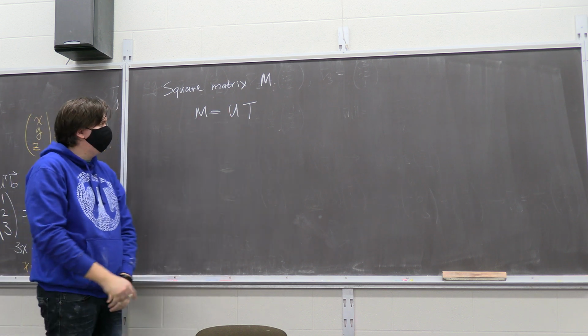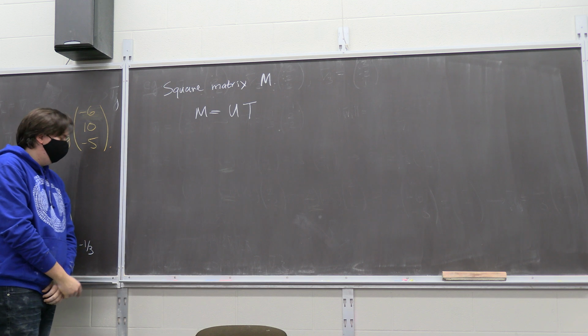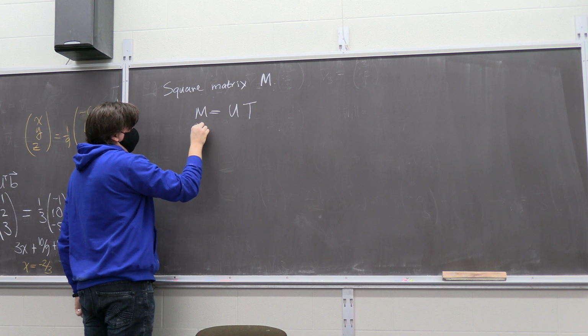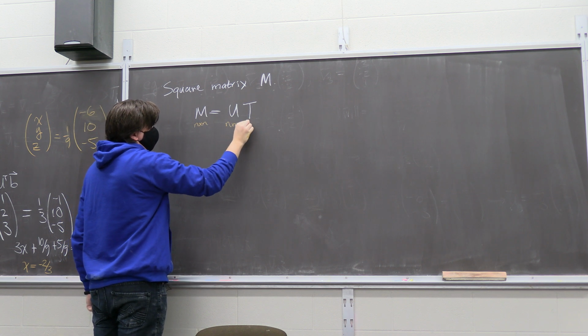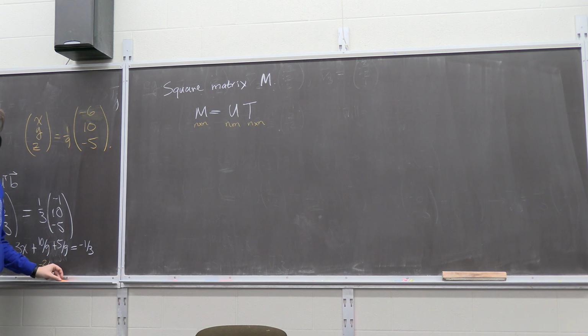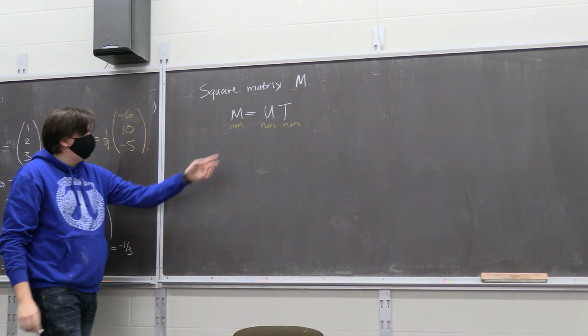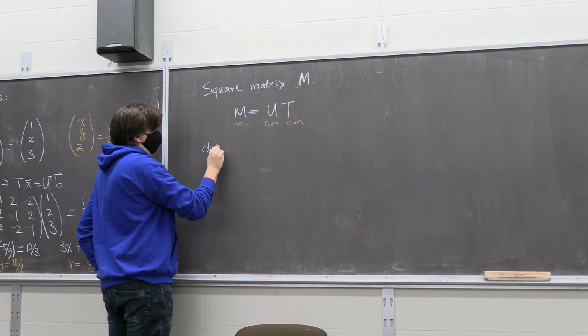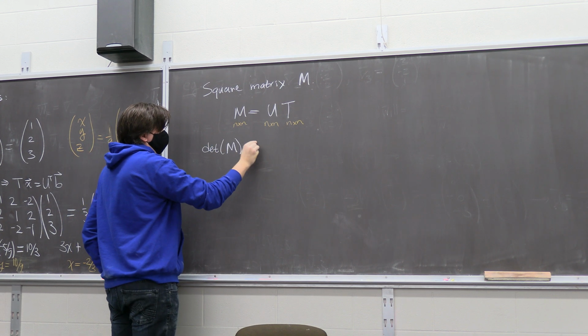Everything's a nice square matrix. So if this is an n by n matrix, it's going to be equal to an n by n times an n by n. Okay. And let's say we want to say something about the determinant of M.